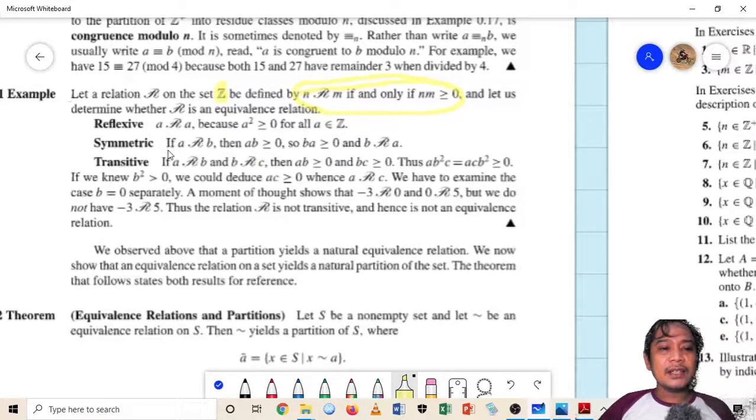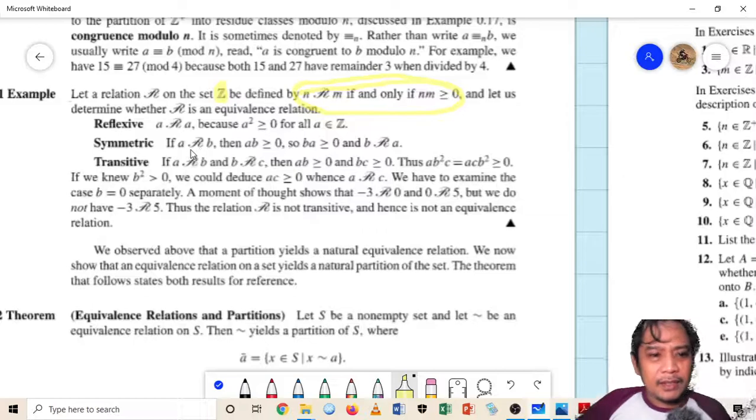Next, symmetric. Suppose it so happened that A is related to B. Will it follow that B is related to A? If the answer is yes, then the relation is symmetric. Let us see. If A is related to B, then by how we defined R in this example, it would follow that their product is non-negative. So A times B is greater than or equal to 0.